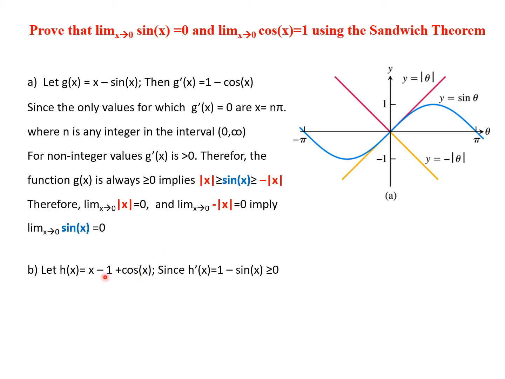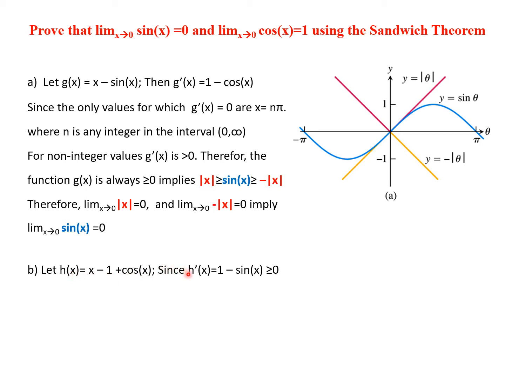Now, to prove that the limit of the cosine of an angle equals 1 when the angle moves to 0, we're going to define h of x equal to x minus 1 plus cosine x, and then we will take the derivative of h of x.